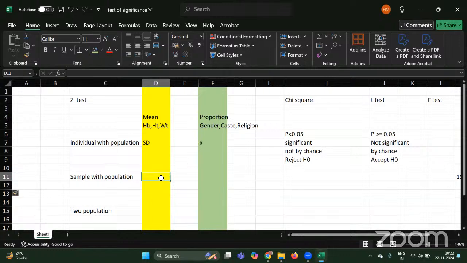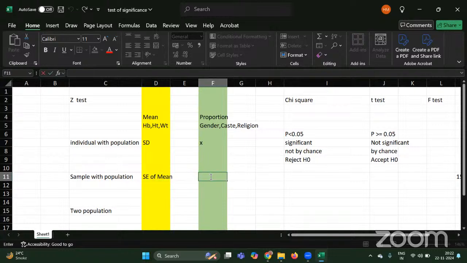With this test, we are going for the standard error of mean. We use this test when we want to compare a sample with the population. But instead of hemoglobin, if you want to find out, for example, based on a sample, a population characteristic like how many people are male and how many are female in this population, then we use the standard error of proportion.